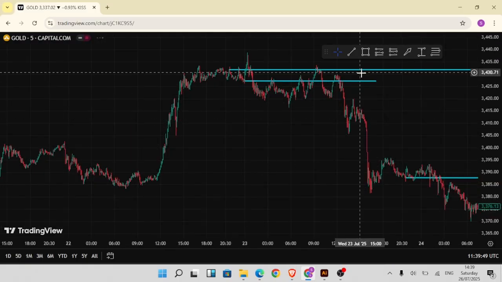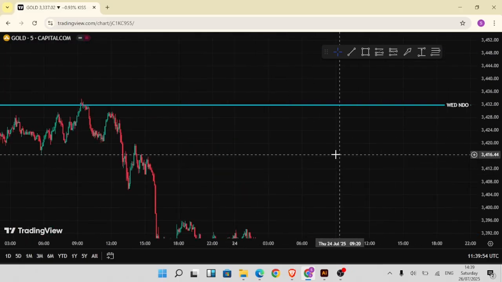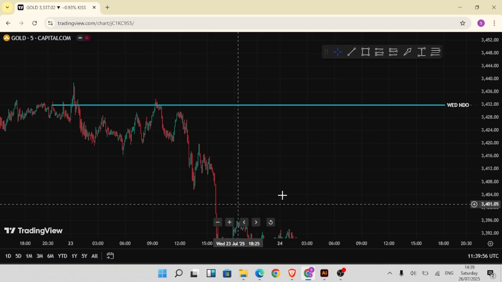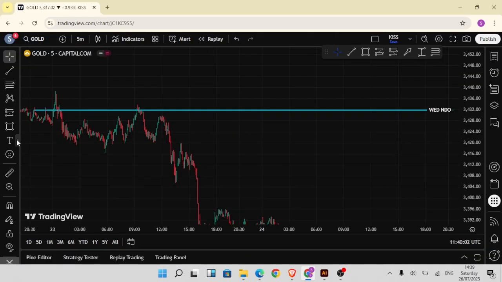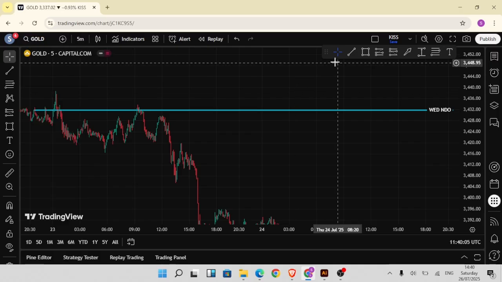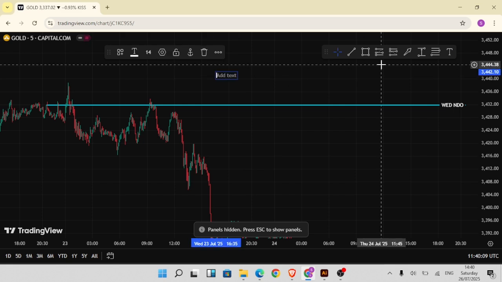We first of all looked at Wednesday, and then we said what we are going to do with that. We will introduce the ICT 2022 model, where as the new day opens and forms the high of the day, we look for a liquidity sweep or liquidity raid.